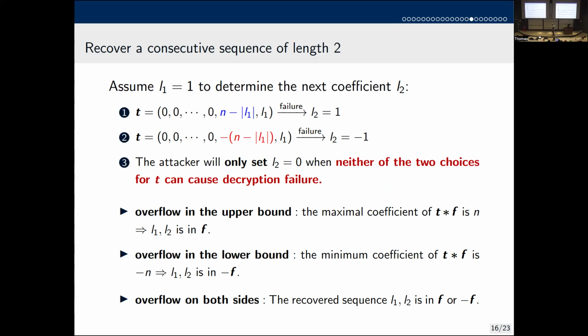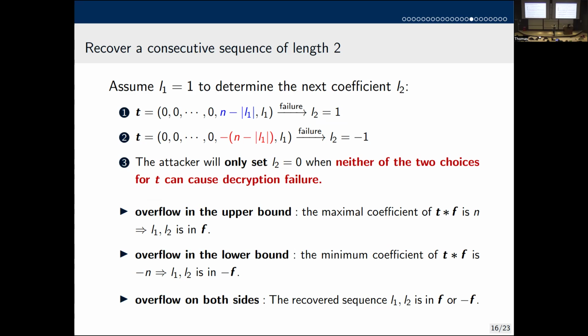And then we design T like this. This is the key. T will be 0, 0, 0, and then n minus 1, and this will be 1. And then there's another T, which is minus (n minus 1) times L1. And if there is a decryption failure when you apply T, you will immediately know L2 equals 1.